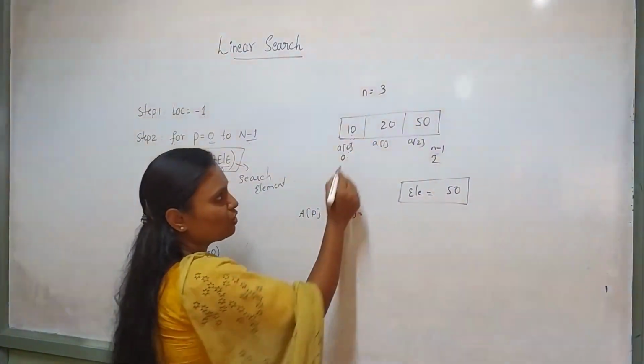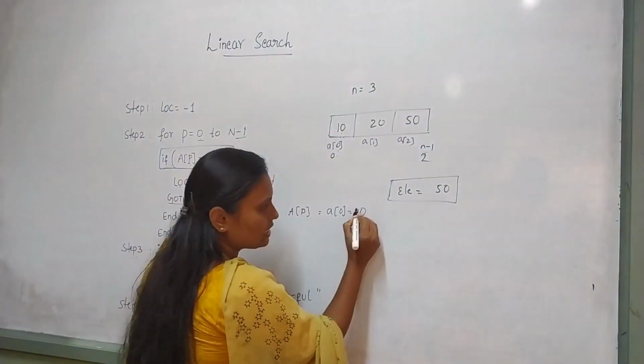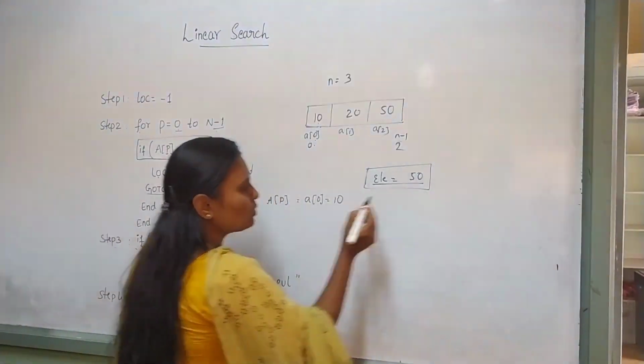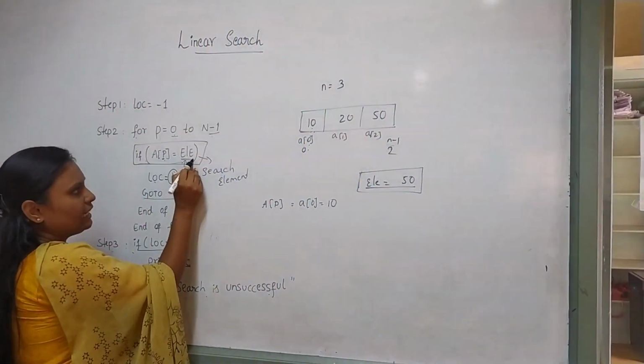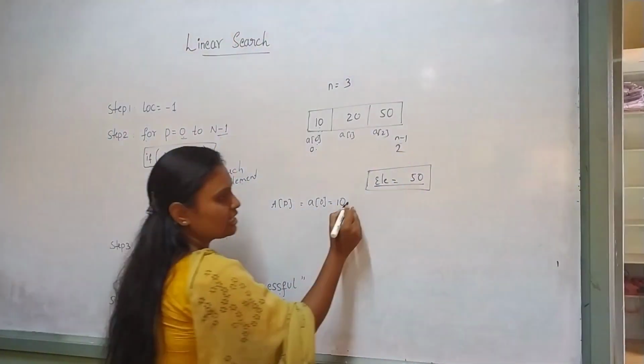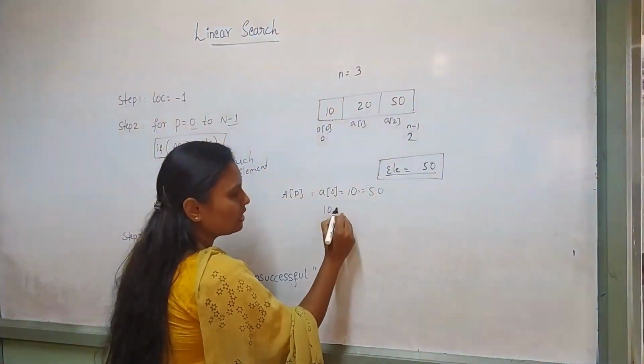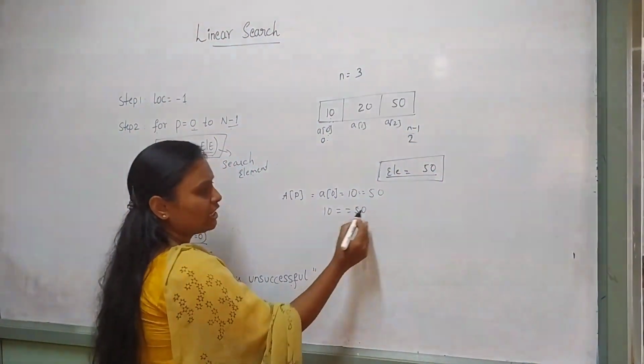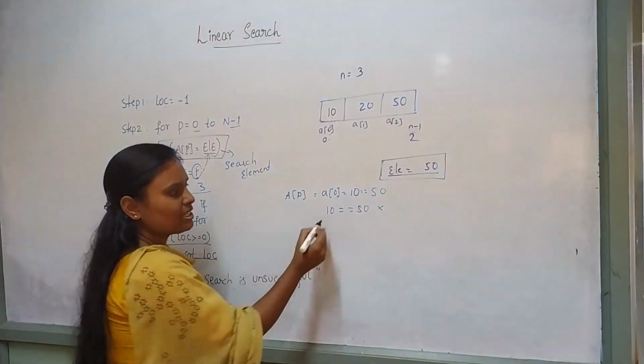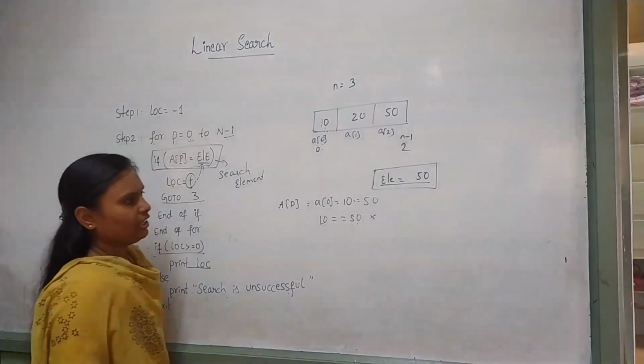In a of 0, the element is 10. The searching element is 50. It means 10 equals 50? The condition is false because 10 is not equal to 50.